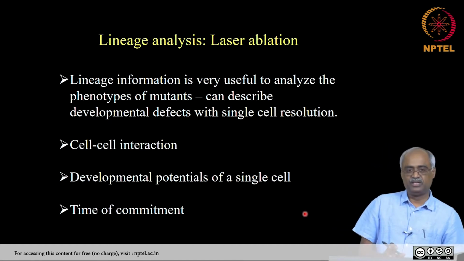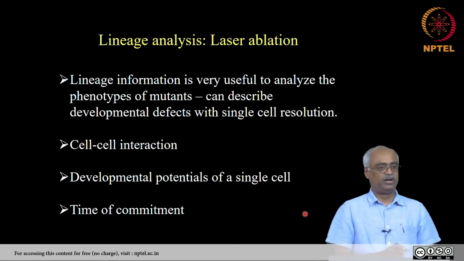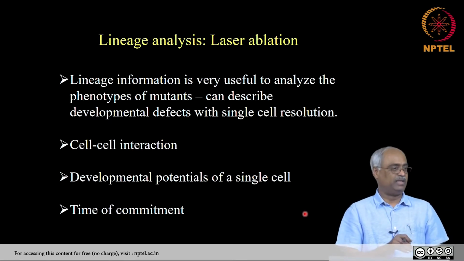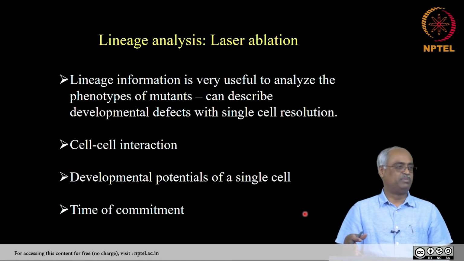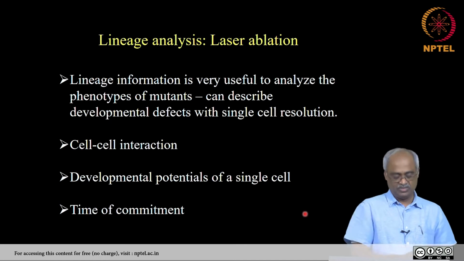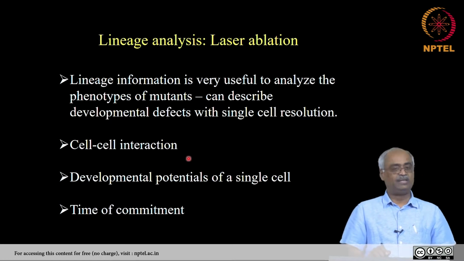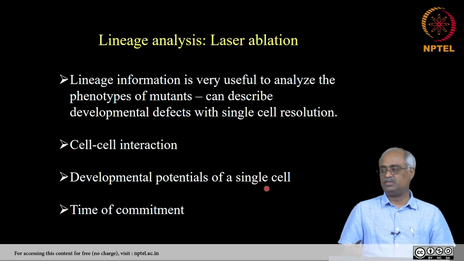Second, are there potential cell-cell interactions? If one cell is not present, like you killed it by laser ablation, then what happens to the fate of other neighboring cells? Are they developing autonomously, or were they dependent on the cell that you killed? So, you can discover potential cell-cell interactions. Then you can also find out the developmental potentials of a single cell.